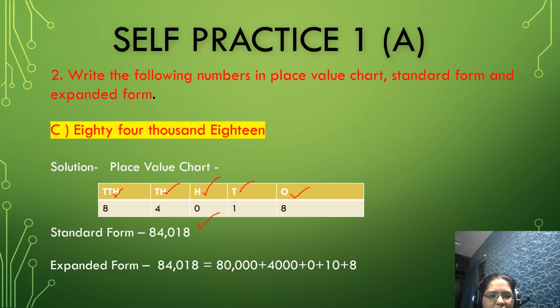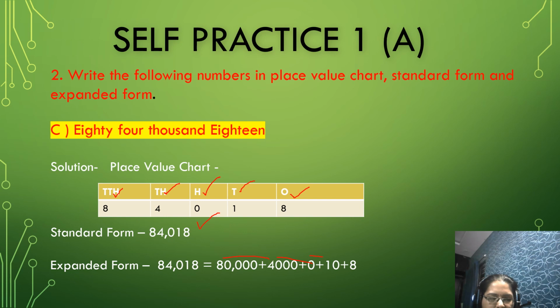And what will be the expanded form? 84,018 in expanded form will be 8 multiplied with 10,000, that is 80,000. And 4 multiplied with 1000 is 4,000. And 0 multiplied with 100 is 0 only.